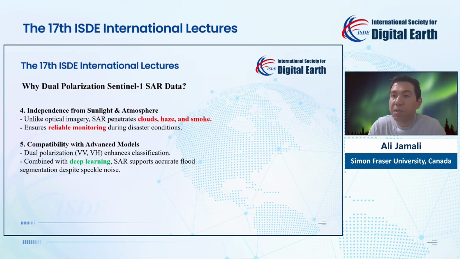They are the best data for disaster mapping, especially floods. And there has been lots of research using deep learning for flood mapping with dual polarization VV and VH.